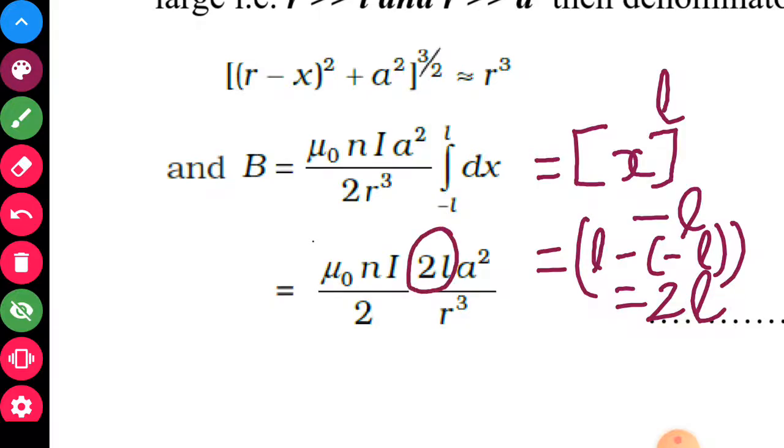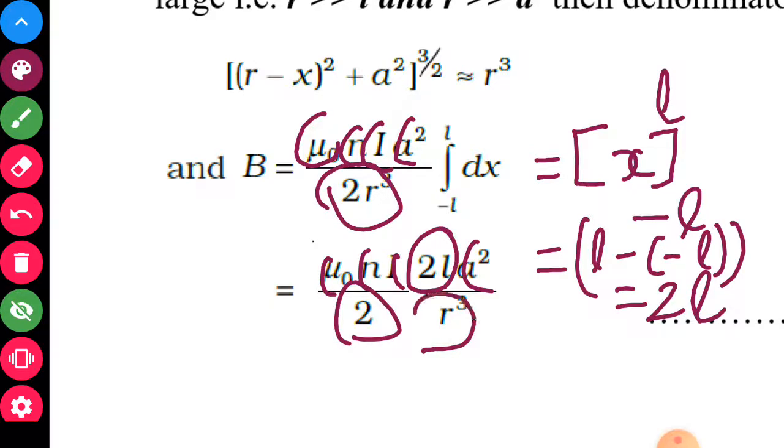All other quantities are as they are. See, mu 0 as it is, mu 0 n I a square, 2r cube as it is. Only instead of this part, it is 2L.